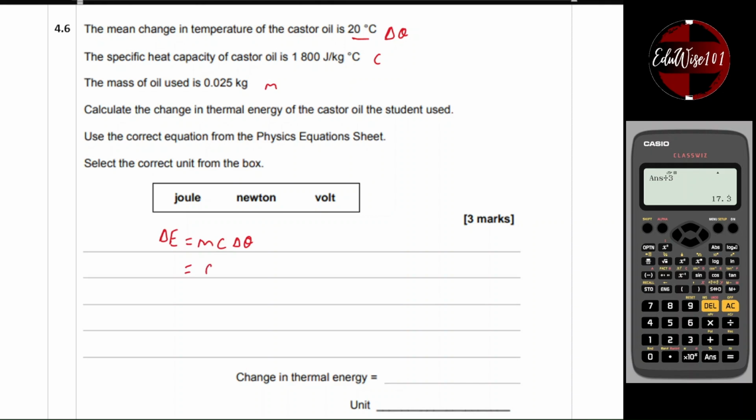Mass is 0.025 multiplied by 1800, multiply that by 20. 0.025 multiplied by 1800 multiplied by 20, that gives me 900. So the change in energy is 900. The unit will be, because it's energy, joules. Next question.